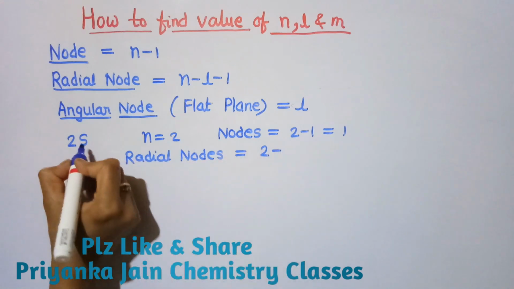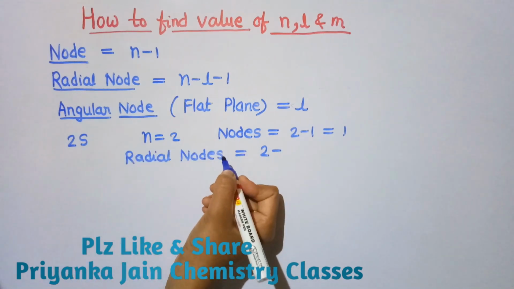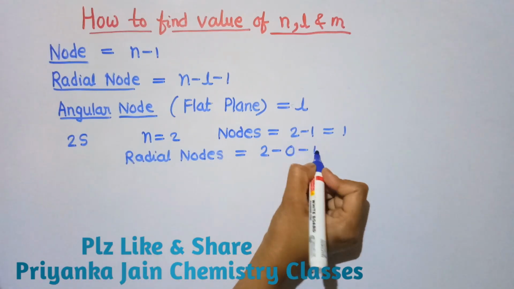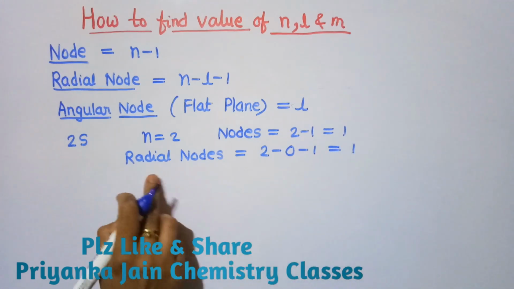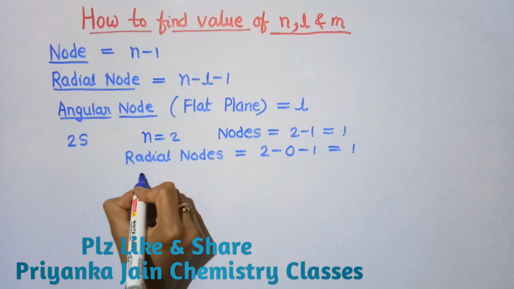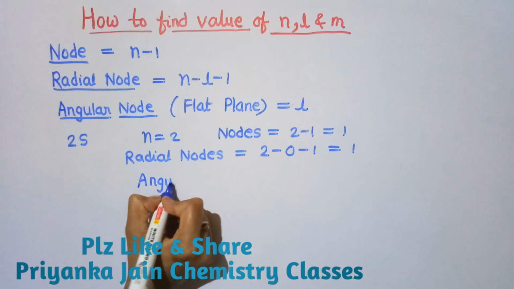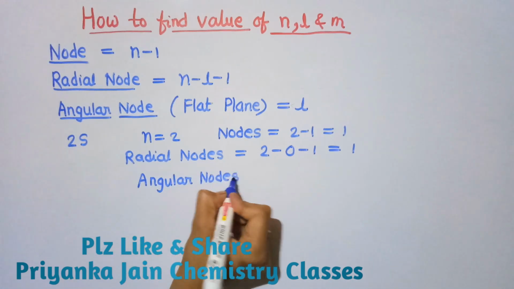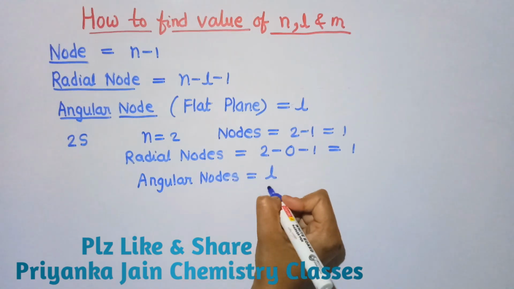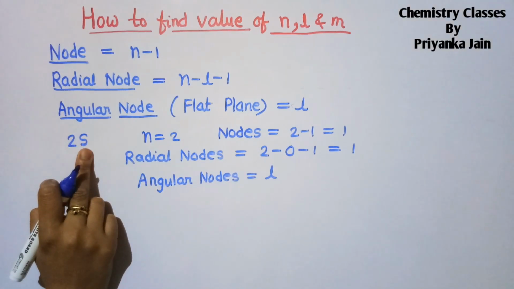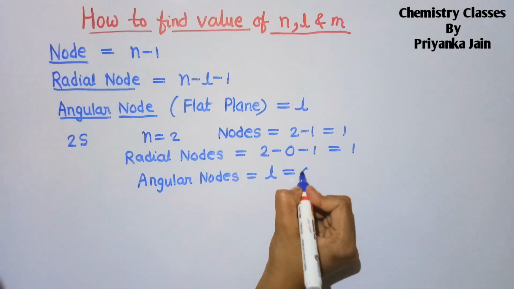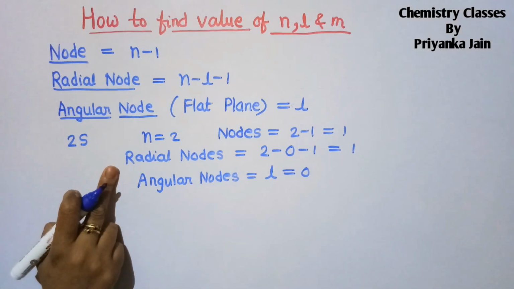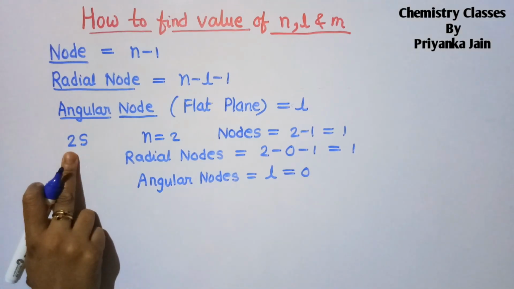So 2 minus 0 minus 1, since for s we know l is equal to 0. So it will be 1, which means there is one radial node. Now see the number of angular nodes. Angular nodes are equal to the value of l. For an s orbital l is equal to 0, so it will be 0. It means there is only one radial node in the case of the 2s orbital.